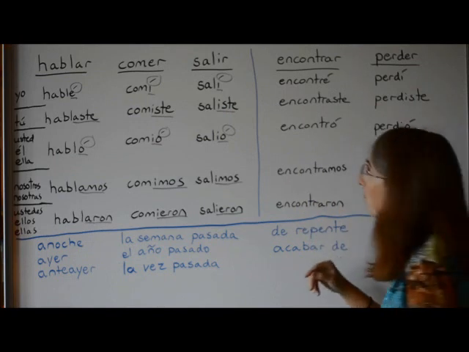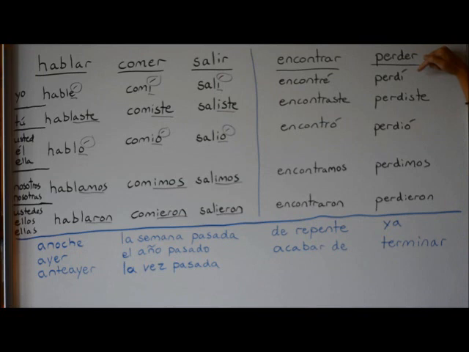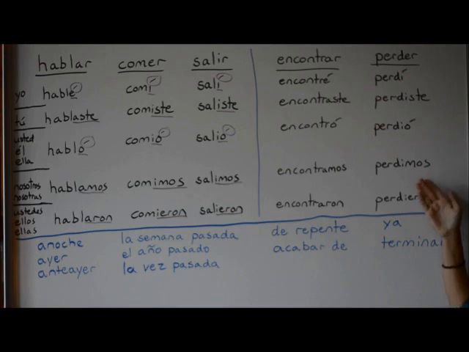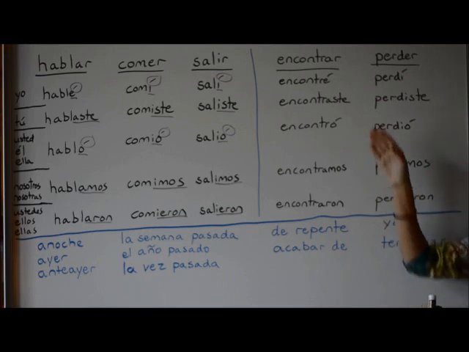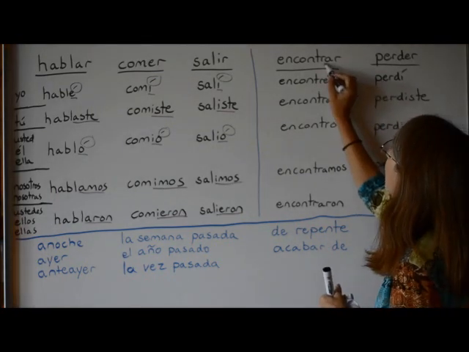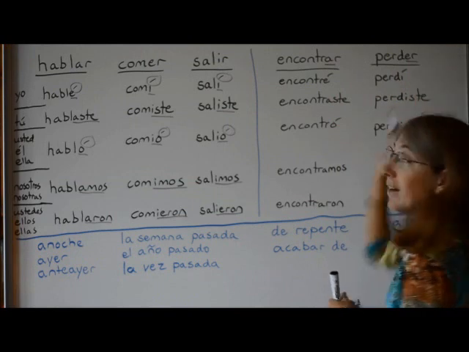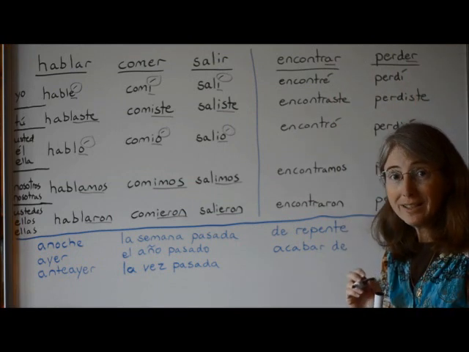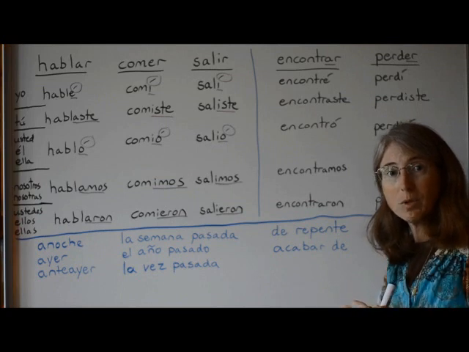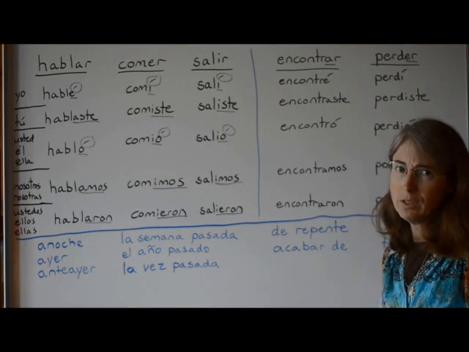And for perder, perdí, perdiste, perdió, perdimos, perdieron. No stem change in the preterite tense. That's for AR and ER verbs in the preterite. IR verbs are a different story, and that's going to be covered in another video. There are irregular verbs also in the preterite tense, and they will be covered in another video as well.